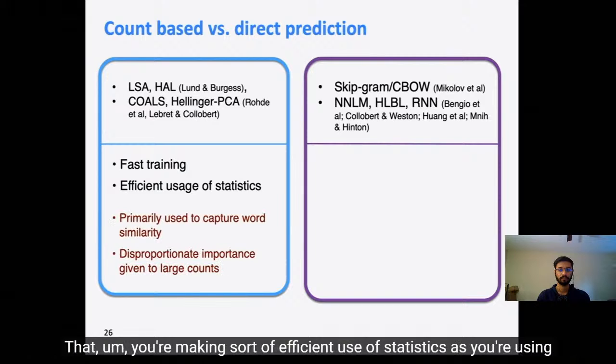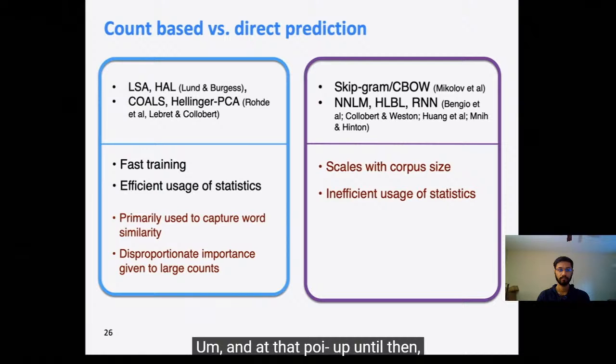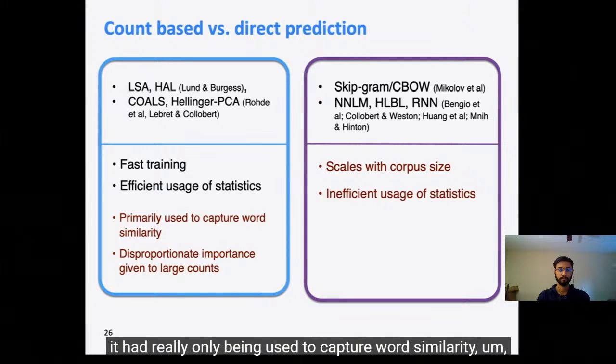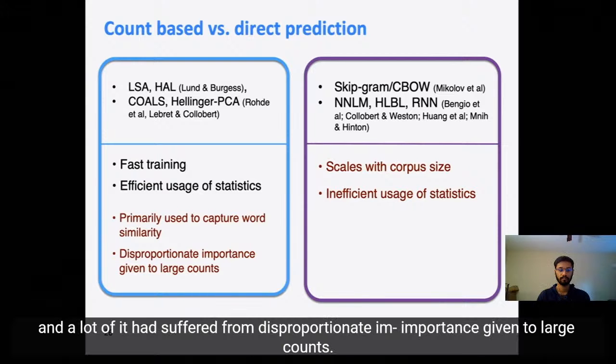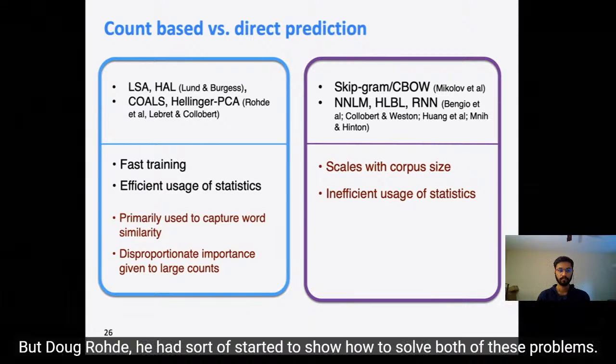You're making efficient use of statistics because you're using the global statistics of the whole matrix directly to estimate things. Up until then, it had really only been used to capture word similarity, and a lot of it had suffered from disproportionate importance given to large counts. But Doug Rohde had started to show how to solve both of these problems.